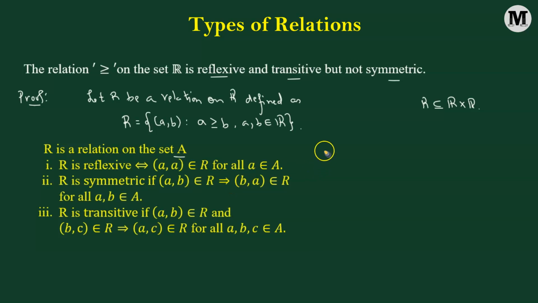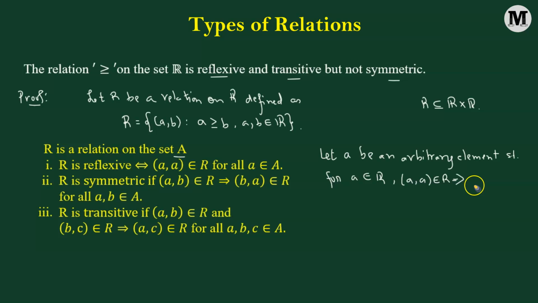Okay, so let's check for reflexivity. Here we are going to consider an arbitrary element a belonging to the set of real numbers ℝ. If we consider the ordered pair (a, a) belonging to the relation R, this must imply that a must be greater than or equals to a.